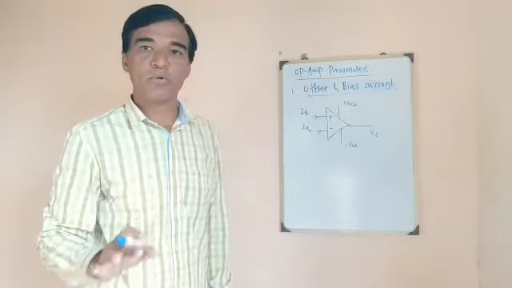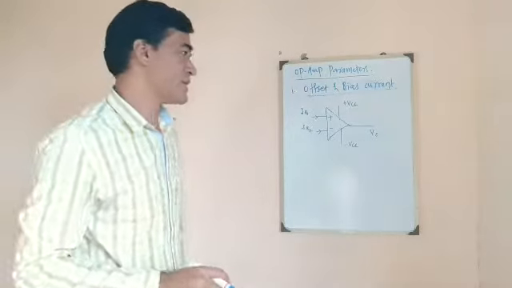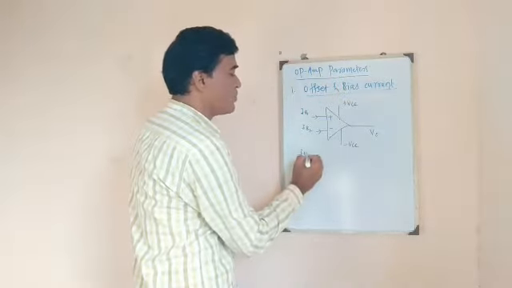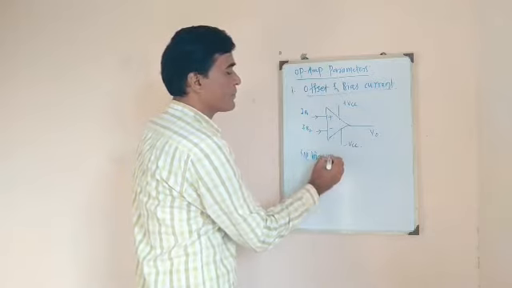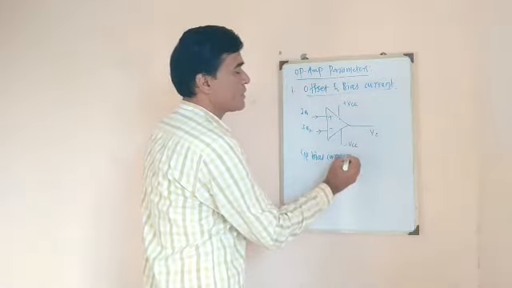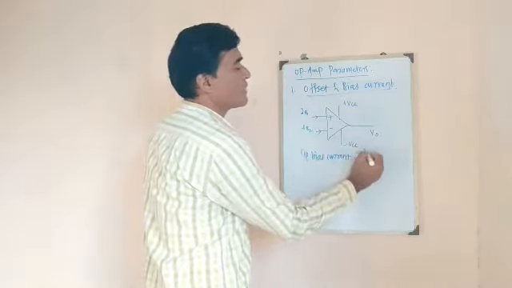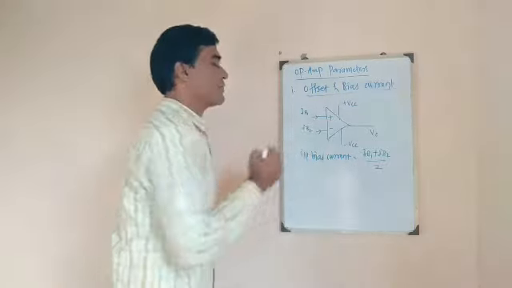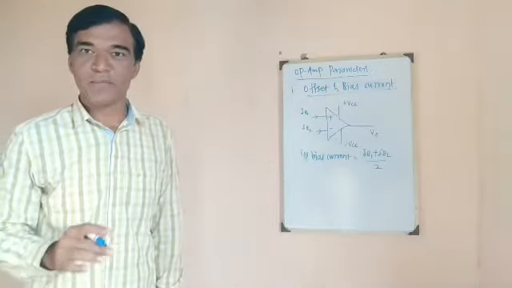I have not applied input, but I have applied the biasing voltage. Then the input bias current can be defined as the average of these two, that is IB1 plus IB2 divided by 2. This is the input bias current. Getting my point?